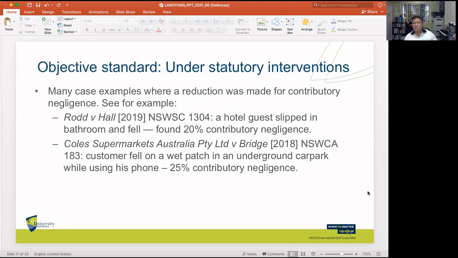Yes, that's true, it was negligent, but at the same time, it would have been possible for the plaintiff to avoid harm to himself if he had paid attention and not been using the phone. It was actually a result of his own negligent actions in not paying attention, using his phone so that he was not completely aware of his surroundings, including being able to observe the wet patch. So there was therefore contributory negligence on the part of the plaintiff claimant. And for that reason, there was a 25% reduction in the damages awarded to the claimant.